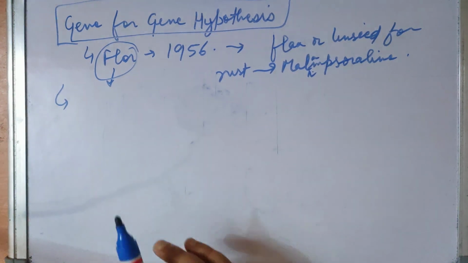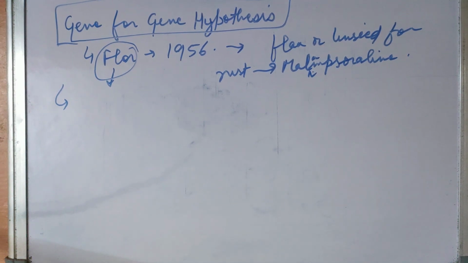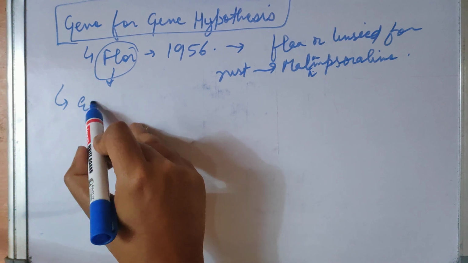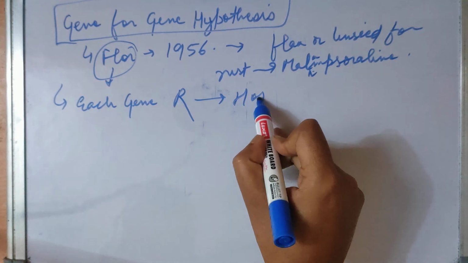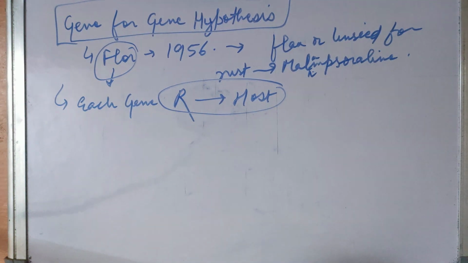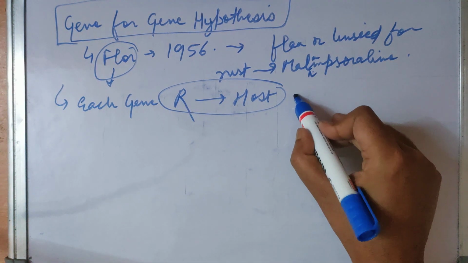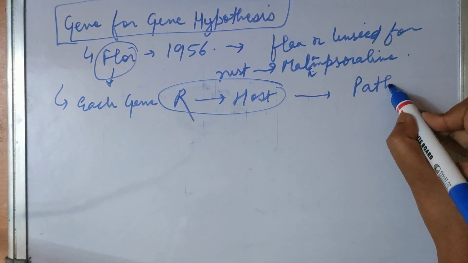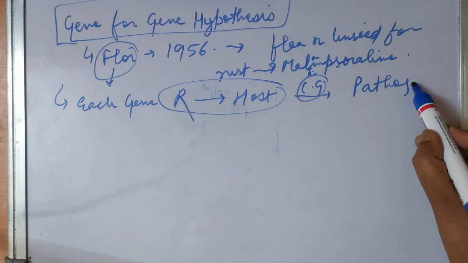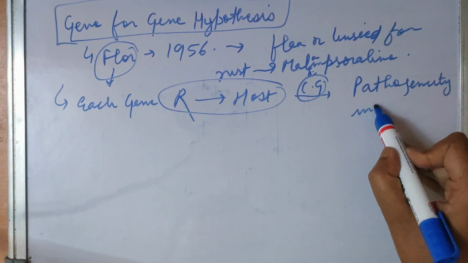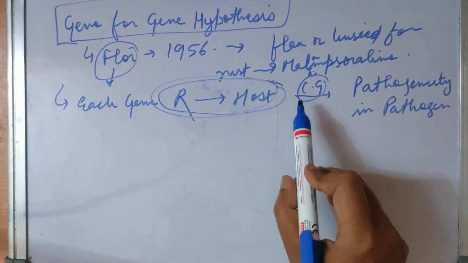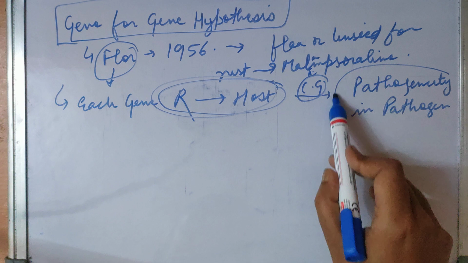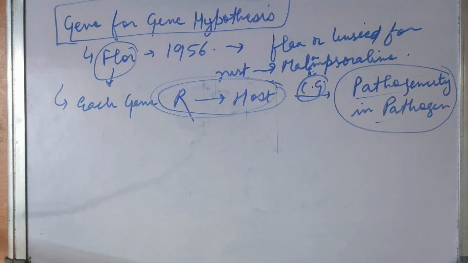The gene for gene hypothesis states that for each gene controlling resistance in the host, there is a corresponding gene controlling pathogenicity in the pathogen.